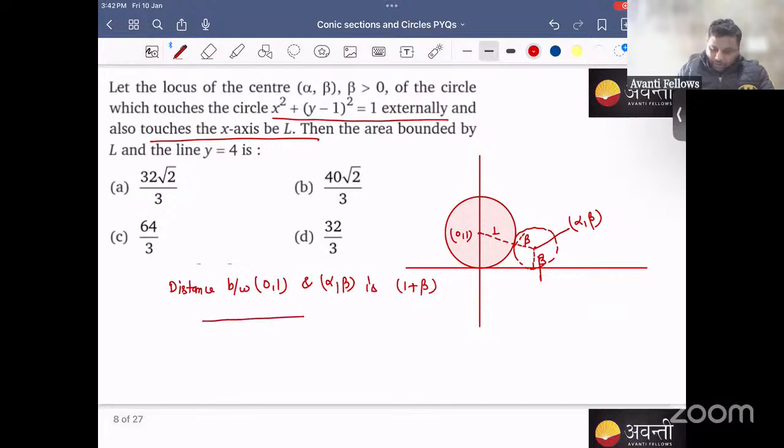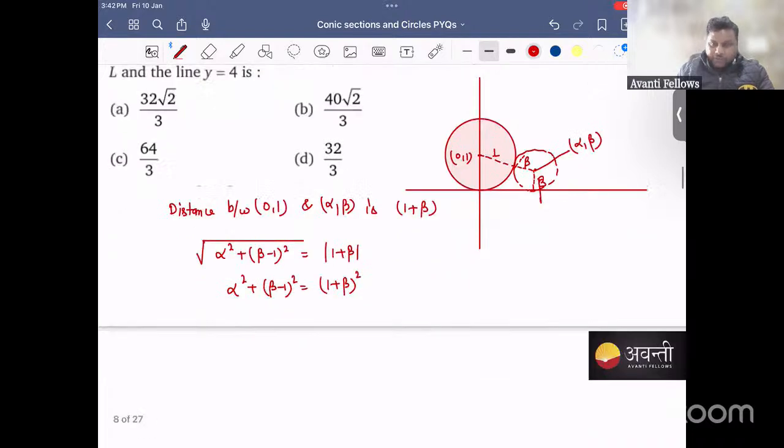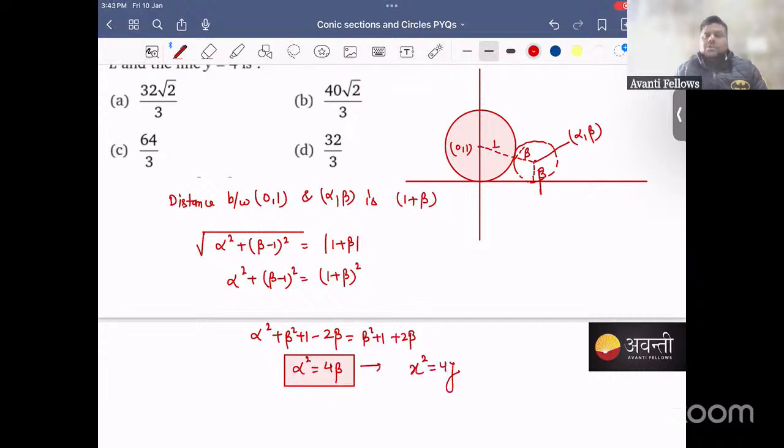So under root of alpha square plus (beta minus 1) square is 1 plus beta. So alpha square plus (beta minus 1) square is (1 plus beta) whole square. So alpha square plus beta square plus 1 minus 2 beta is beta square plus 1 plus 2 beta. So alpha square goes 4 beta. That means the locus is x square equals 4y.